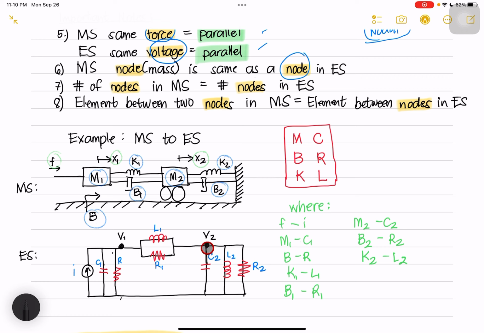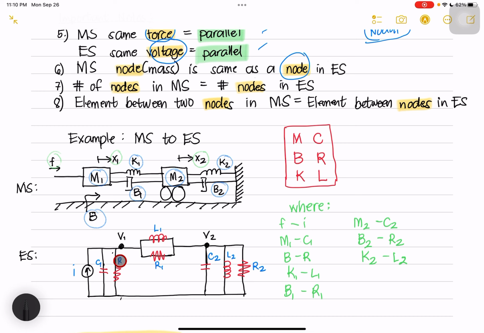And then, nasa second node na tayo. Don't forget, what's corresponding to M2 is C2. Okay? So, C2. Then, K2, sa kanya lang naman siya, sa M2 lang siya connected. So, we will make sure na connected siya sa V2. Okay? Sabi, force, ang output natin is voltage. Okay?